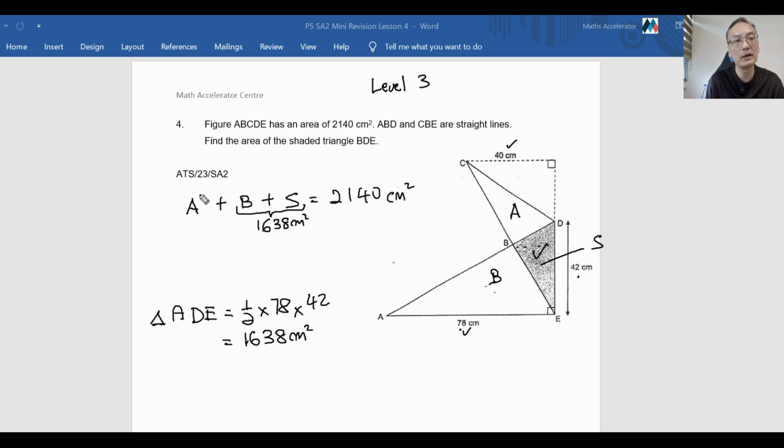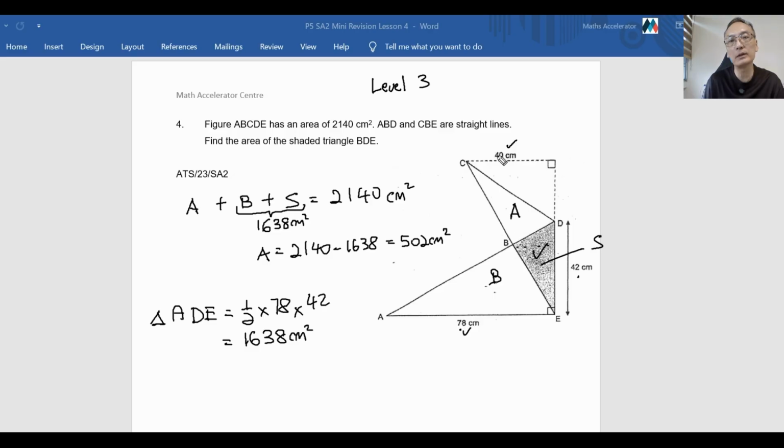But we have an opportunity here to find part A. So let's calculate part A first. So part A is 2140 minus 1638. And this will give us 502 cm square. So we know that part A is 502 cm square.